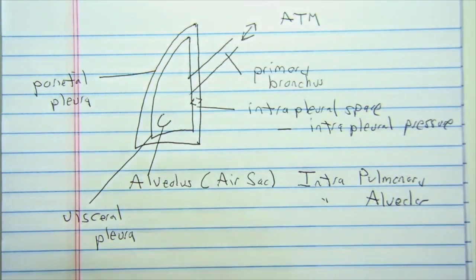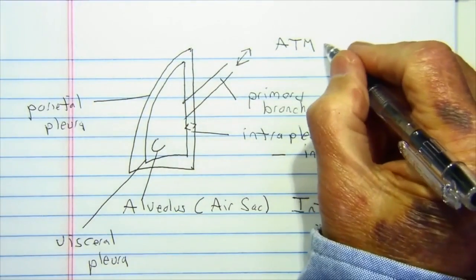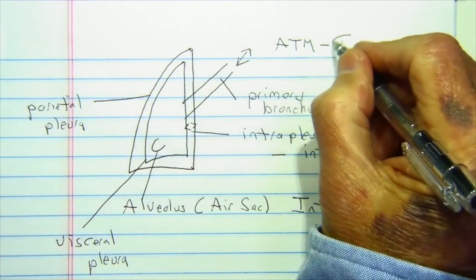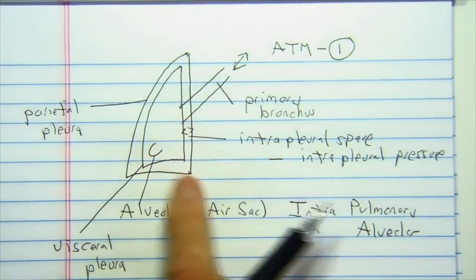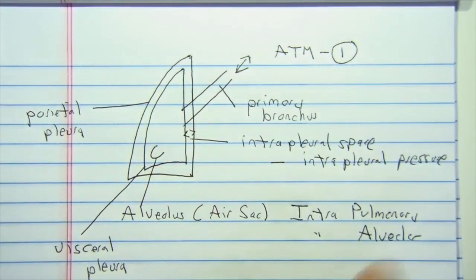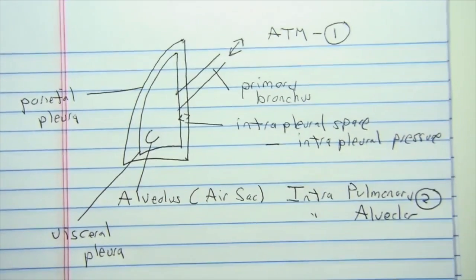So, again, if you look at this, atmospheric air pressure would be pressure number 1. The second air pressure would be the one inside of the lung itself. So that's pressure number 2, intrapulmonary, or intra-alveolar.